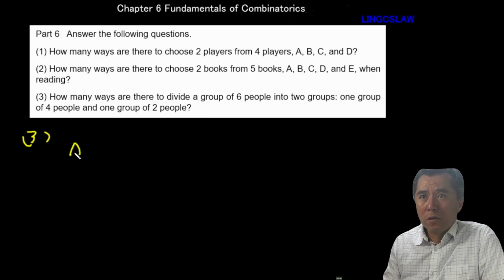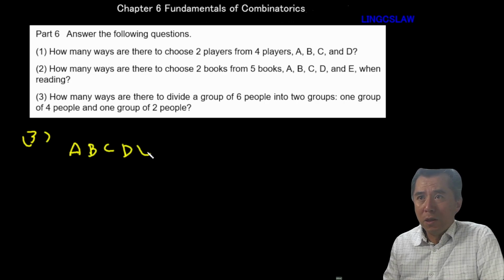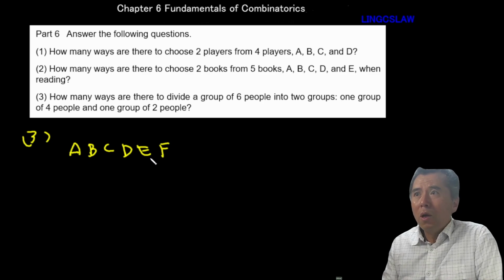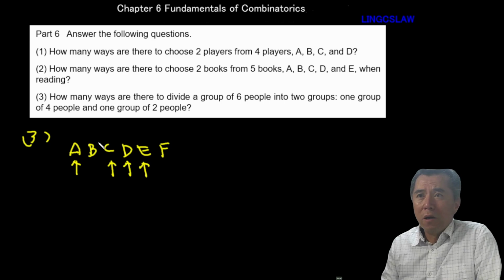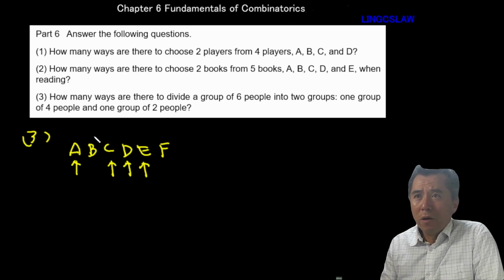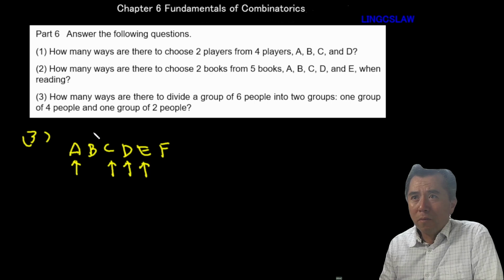So let's say A, B, C, D, E, F. You choose 4 people first. Then automatically you will choose another group of 2.